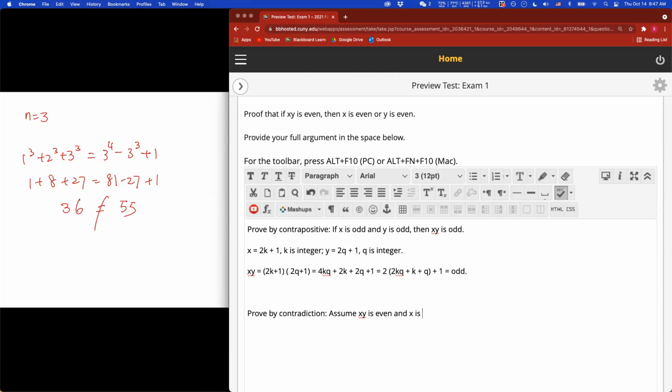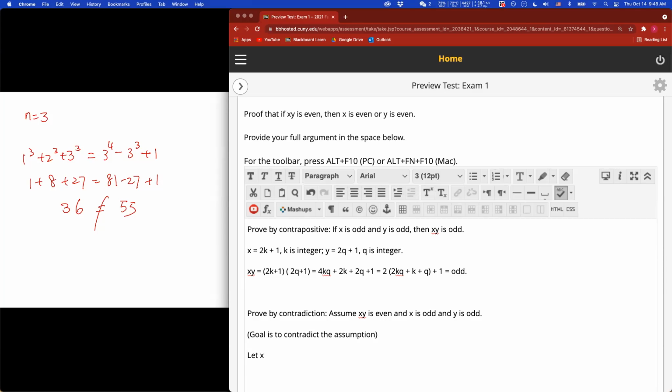So you have x is odd and y is odd, and then your goal is to contradict the assumption. So we can let x and y be two odd numbers.